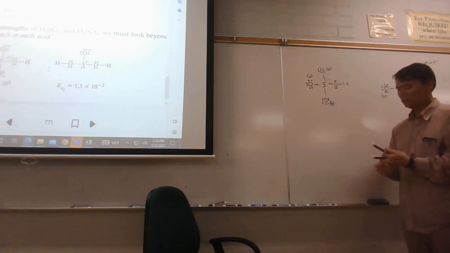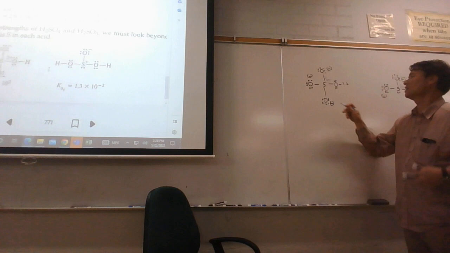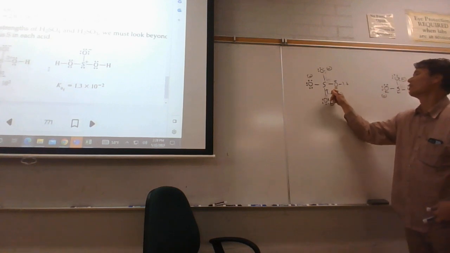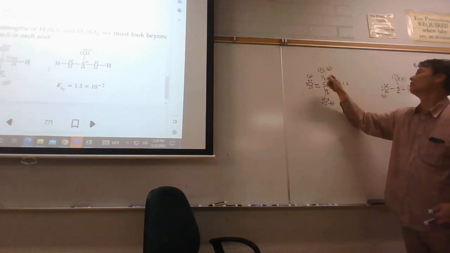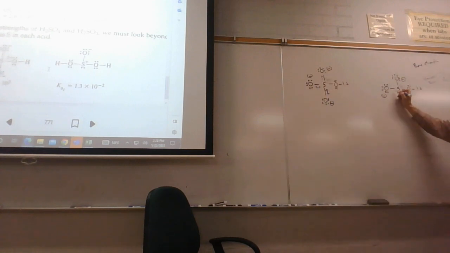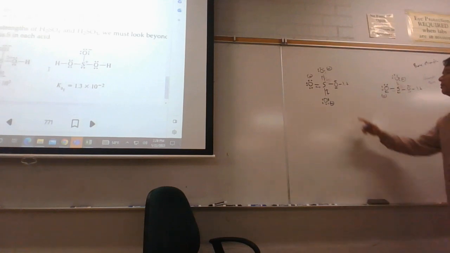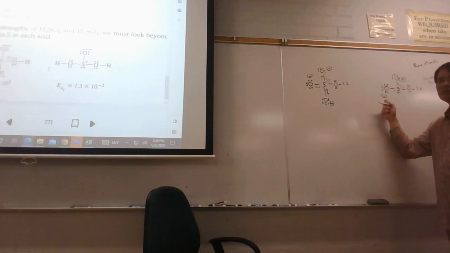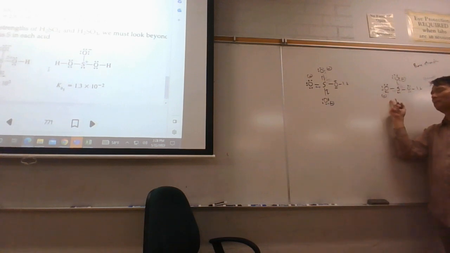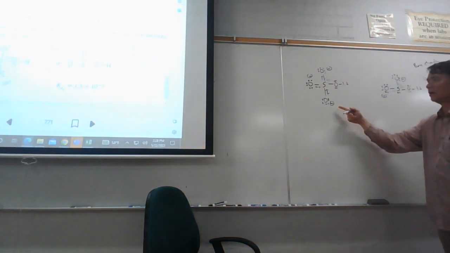So the +2 sulfur is going to suck the electron cloud more than the +1 sulfur. You see that? Even though all these have a -1 on the oxygen, this negative is smaller than this negative.